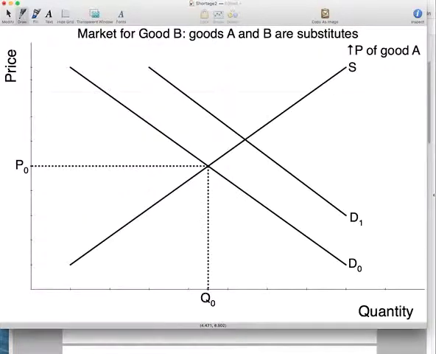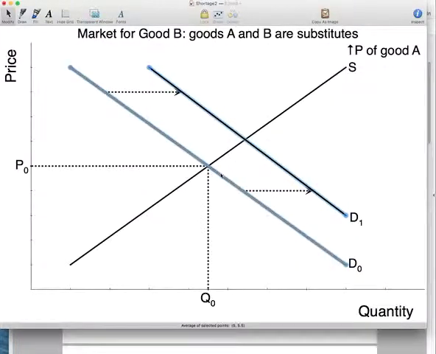It would probably also be helpful to have a line indicating that there's a shift to the demand curve. So we have that line, and let me change that. And a line here. And let's put an arrow at the end of each.